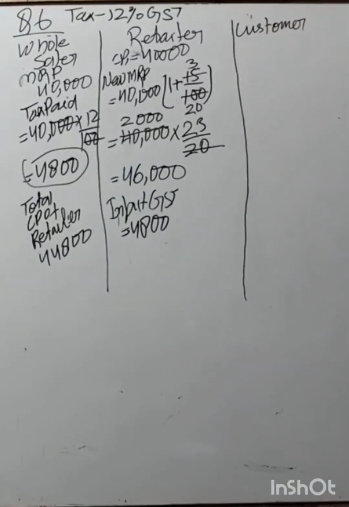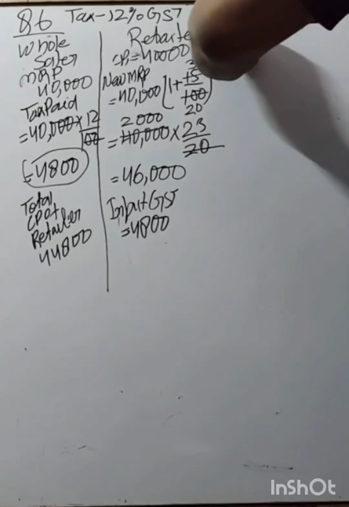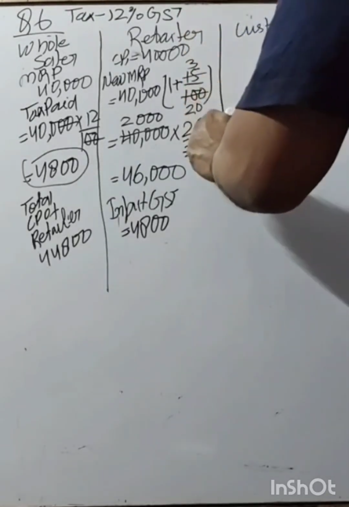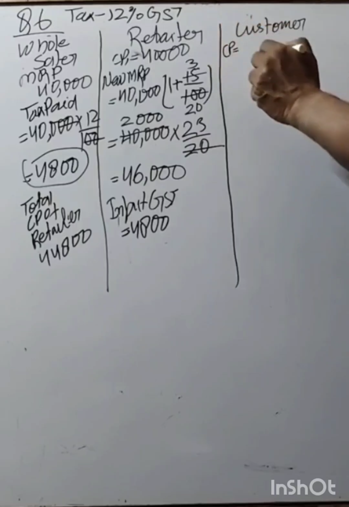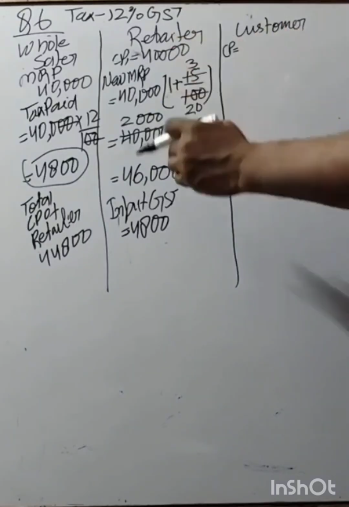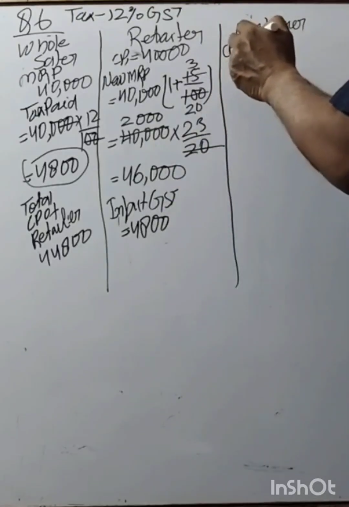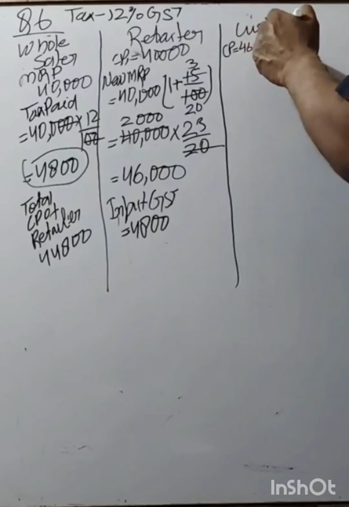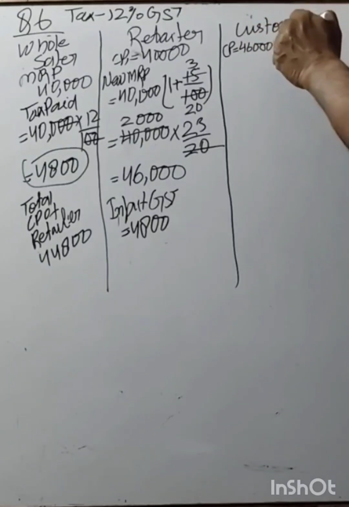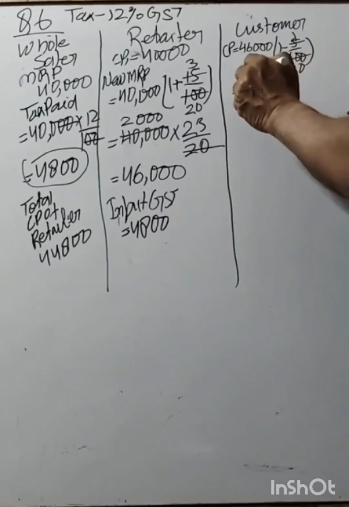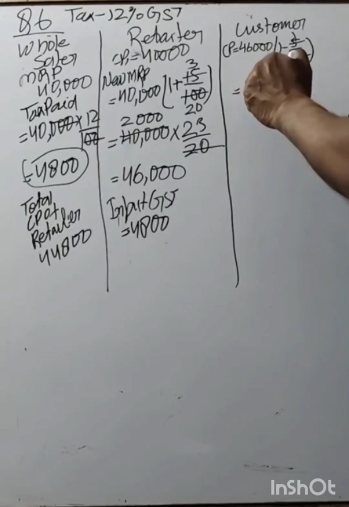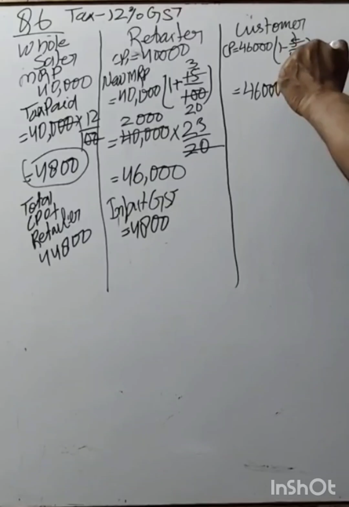Now what he did: sells it to the customer at 5% discount on the marked price. Now the price is 46,000 into bracket 1 minus 5% discount, so it becomes 19 upon 20. So 46,000 into 19 upon 20.